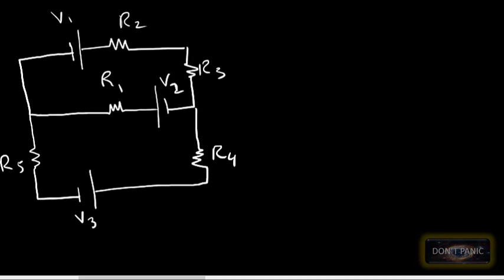With Kirchhoff's law, what you do is you assume a direction of current in each loop, and then you apply your Kirchhoff's law based on that. So let's assume that in this branch there's some current going in this direction, I1, and in this branch there's some current going in this direction, I2, and in this branch there's some current going in this direction, I3.